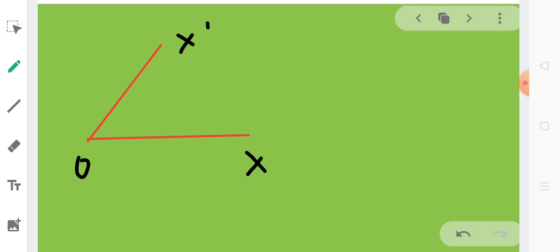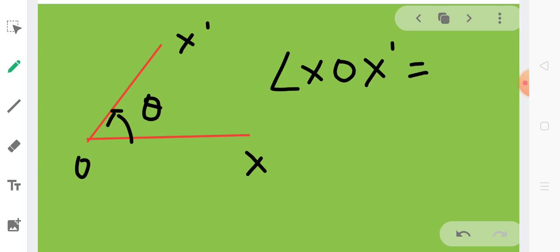The amount of revolution of this line is called the angle traced by the line. I repeat, the amount of revolution of the line is called the angle traced by this line. Let us represent this angle with theta. Then angle XOX dash is equal to theta.